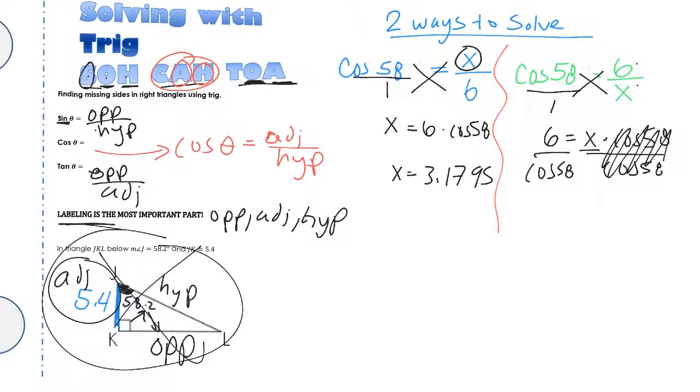That way it cancels out over here, and x is just 6 divided by cos 58. A shortcut, when you have x in the denominator, is just to switch the cos 58 and the x, or whatever the sine, cosine, or tangent is with the x, because if you look down here, it's just 6 divided by cos 58.